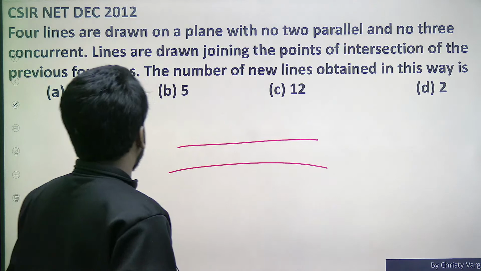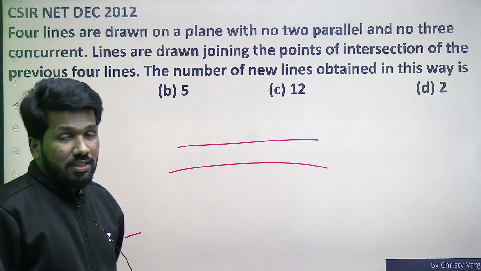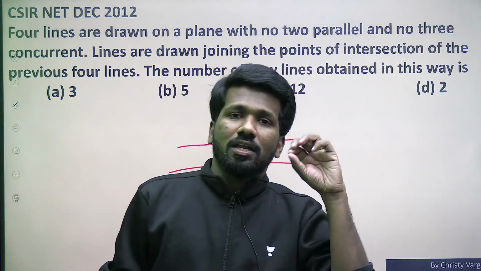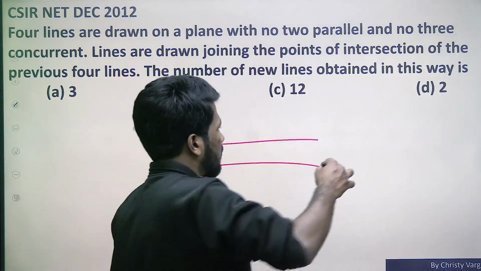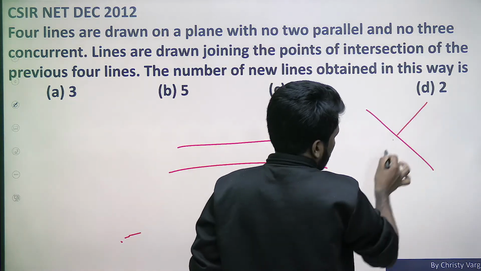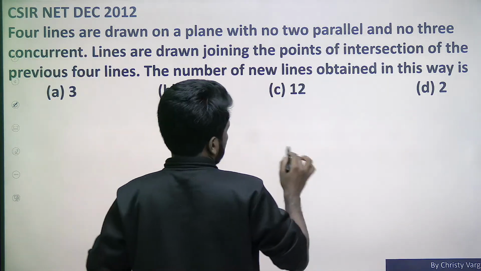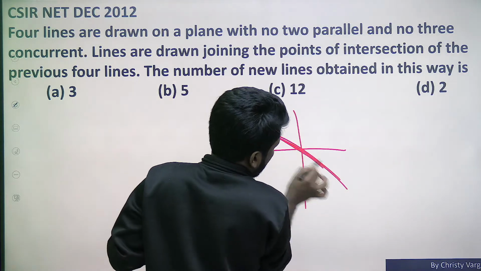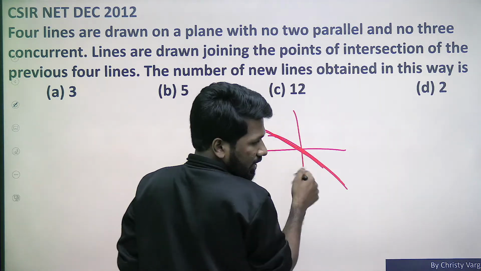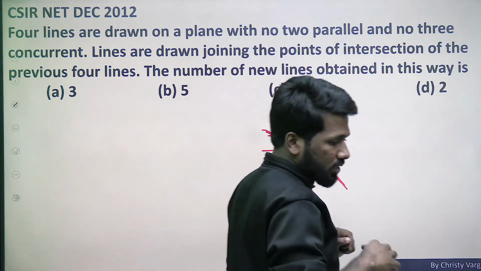So no 2 lines parallel and no 3 lines concurrent. What is concurrent? 3 or more lines are concurrent if they meet at a common point. For example, if 3 lines meet at a common point, this is concurrent, because there is a common intersection point.